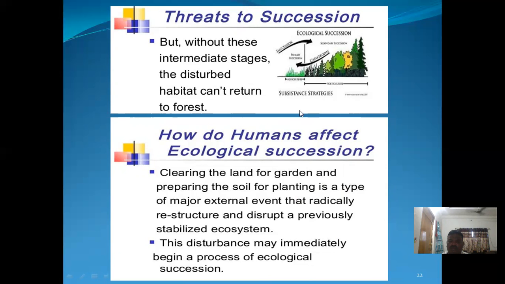Many agriculturists in and around the forest disturb the forest by cutting off the trees where they can cultivate or develop the soil structure. They can develop their farm by disturbing the plants. That means the community of plants is disturbed. These disturbances may immediately begin a process of ecological succession.